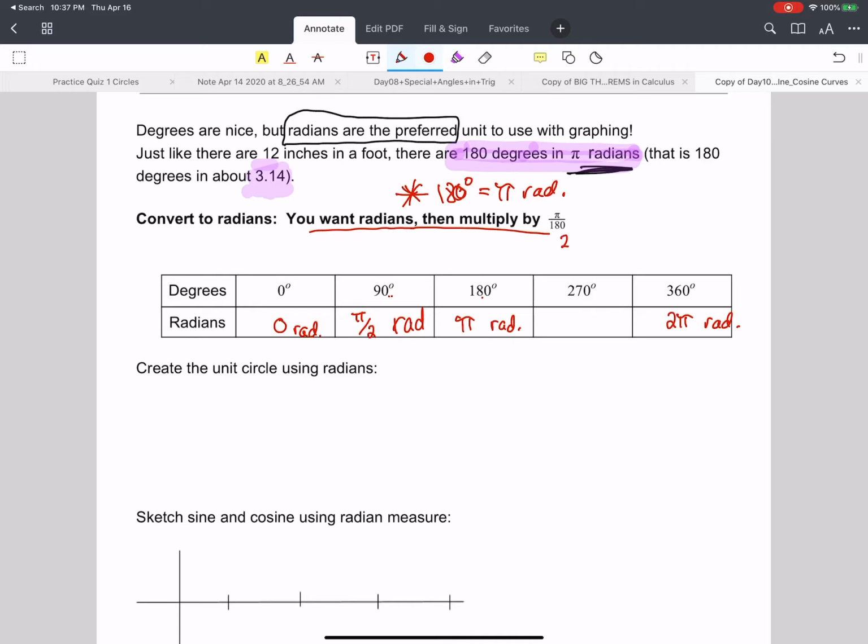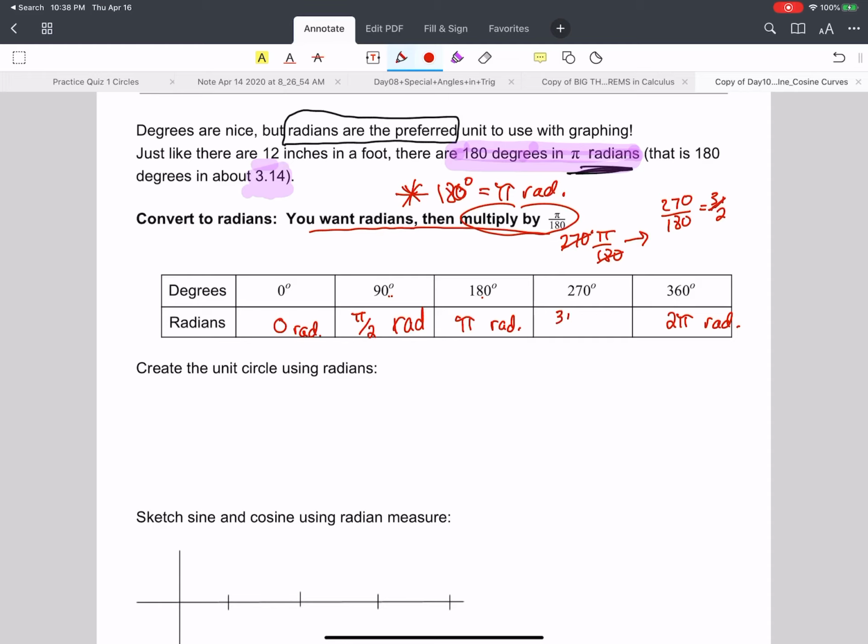It's really just 270, and then you just multiply by pi over 180. And what you'll notice is 270 and 180 reduce. If you were to just take your calculator or work it out, 270 over 180 reduces to 3 over 2.